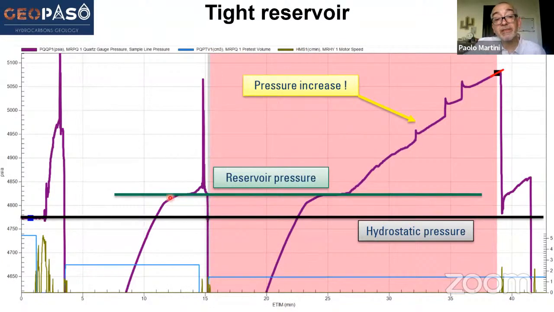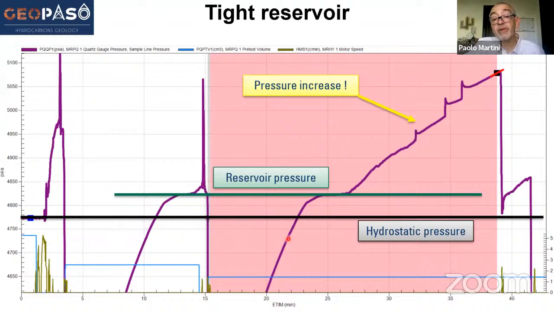basically, this is the interpretation of the wireline engineer. That's the hydrostatic pressure on the left. There's the buildup. The pressure seems to kind of stabilize and then starts growing. That's the reason that he tried to basically, he did a second pretest.